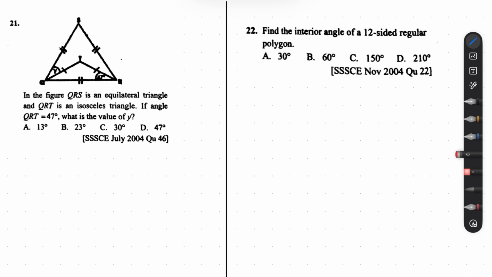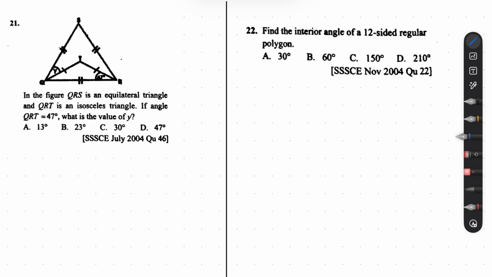The question says, in the figure, QRS is an equilateral triangle. What that means is the length of each side is the same. And if the length of each side is the same, then the interior angles will also be the same. So how do we get that?